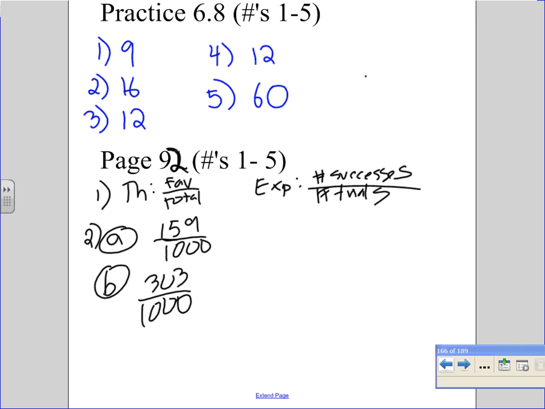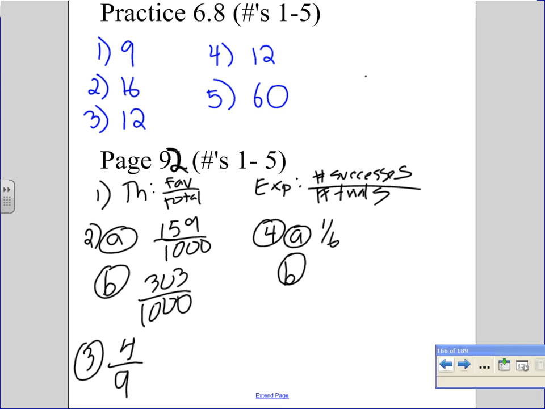Annalise, number 3. Good. So 4/9. Okay, 4 has an A, B, and a C. So 4A, Justin. Good. 1/6. Matt, 4B. Good. Jeremy, 4C. Perfect. Donatus, 5A.